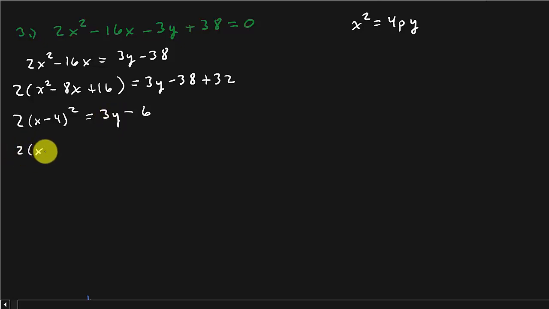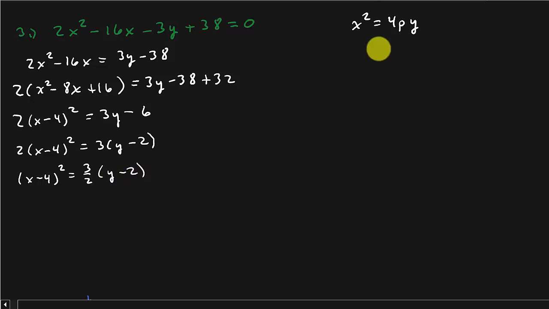So that's going to be 2 times (x minus 4) squared equals 3 times (y minus 2). And then I still need to do something, because I've got an x squared here, but there's not a number in front. So let's divide everything by 2. And so that's going to be (x minus 4) squared equals 3/2 times (y minus 2).